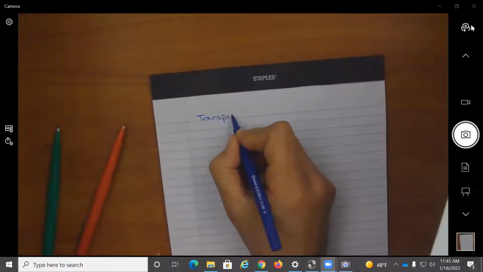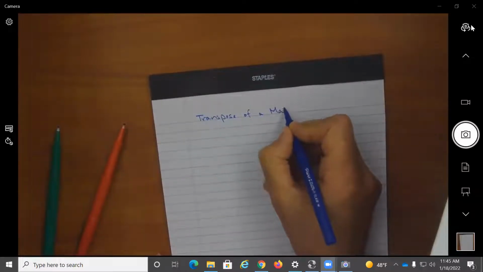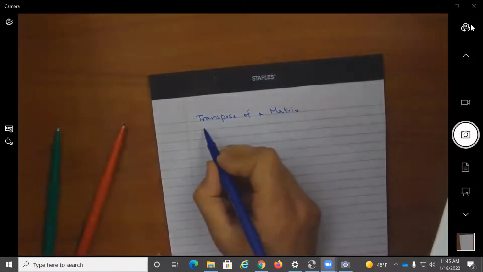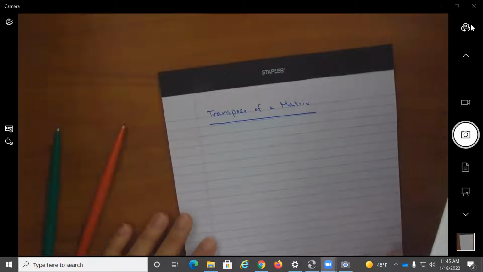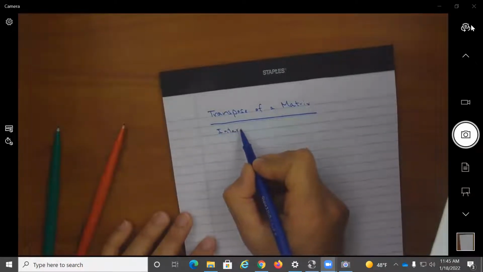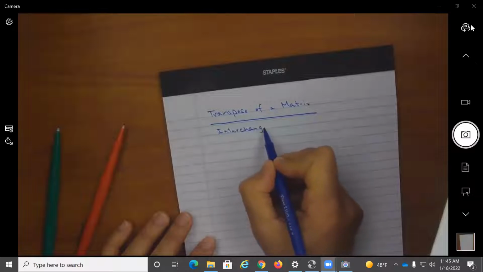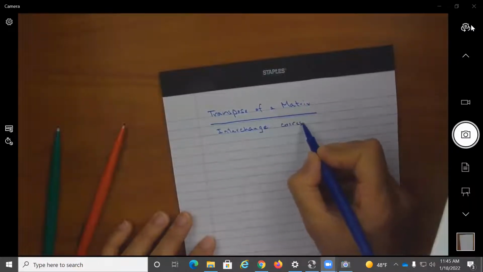Next, transpose of a matrix. With a transpose, we interchange corresponding rows and columns.